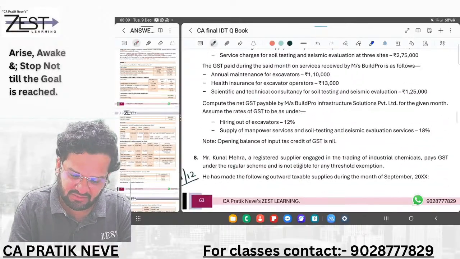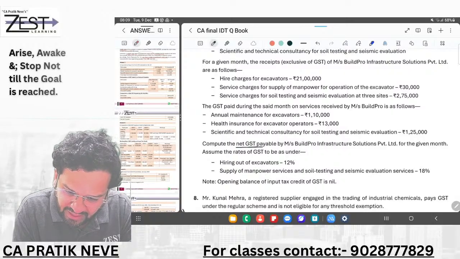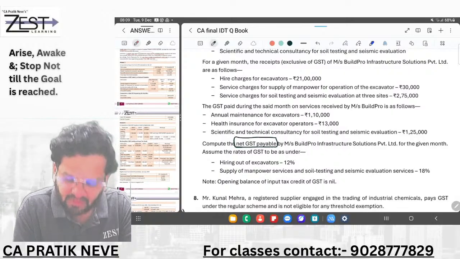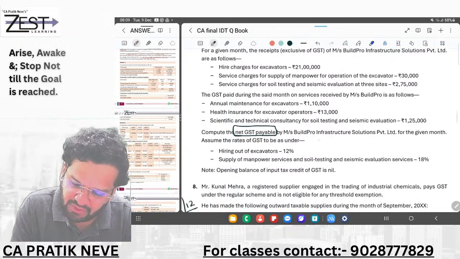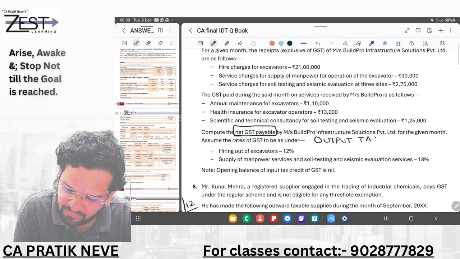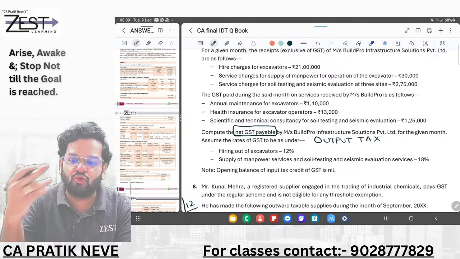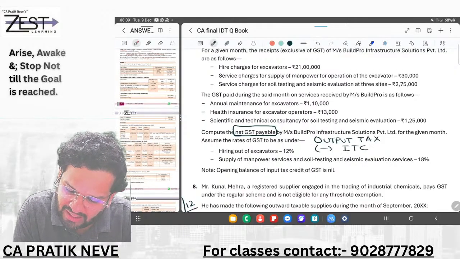The question in this seventh is to compute net GST payable. Now, whenever such a question is asked on net GST payable, you have to think about output tax, meaning GST on outward supply, minus ITC.